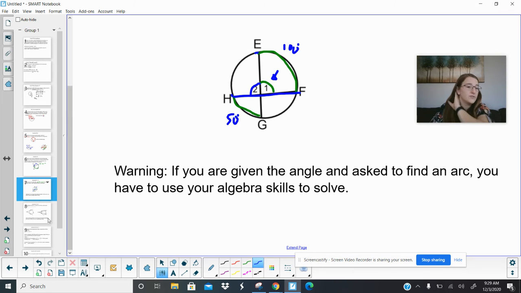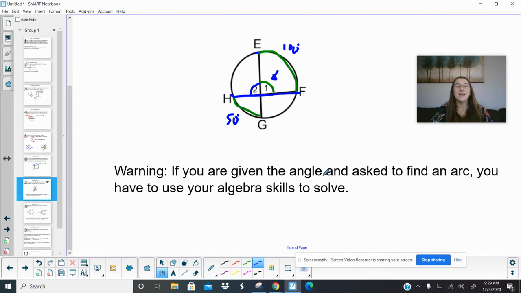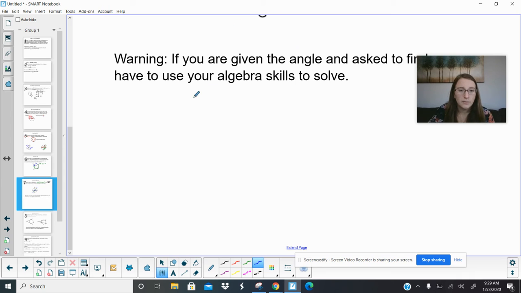Now, a warning in these next 4 questions. So 11 and 12, and then 13 and 14 have the same warning. If you're given the angle, so it says angle 1 equals, you're going to have to use some extra algebra skills to solve, because we have angle equals 1/2 the arc plus the arc. Look to your problems in your test.